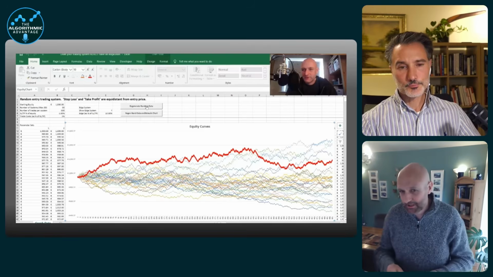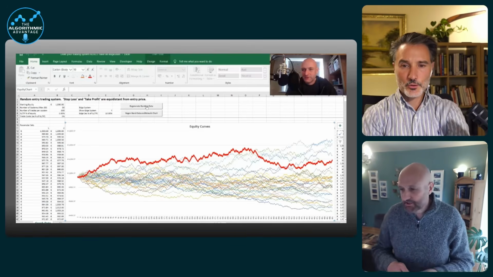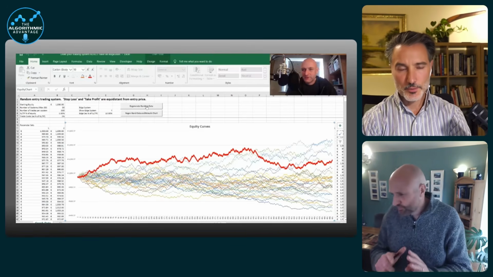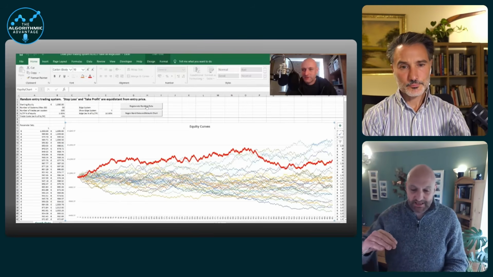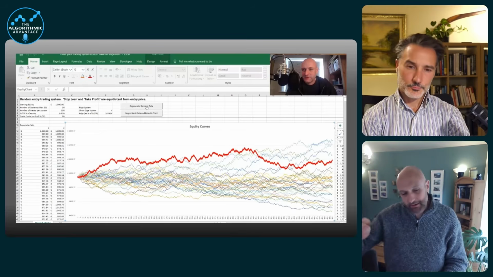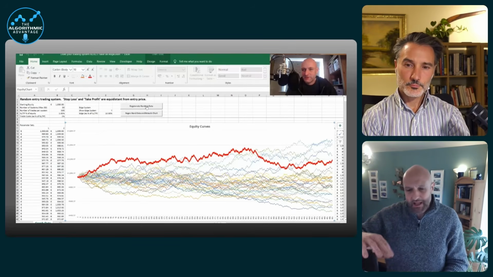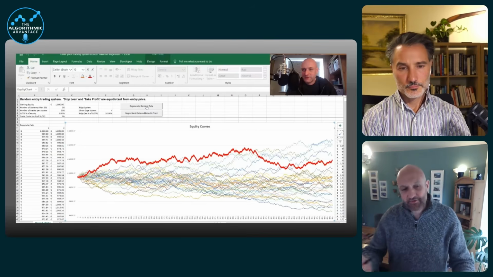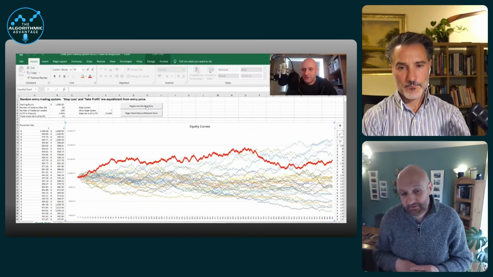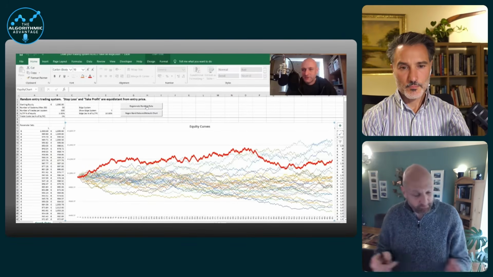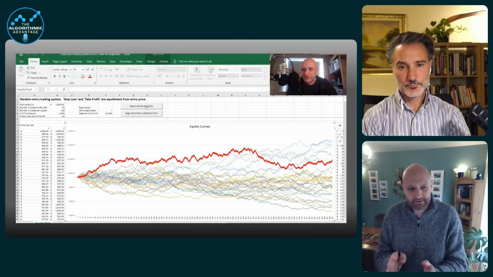So this is just a simulation. It's not stock data, it's not market data. It's a simulation of saying, these parameters or permutations have a 50-50 chance of either winning or losing. Let's run that through a simulator and see what kind of equity curves they produce based on complete randomness.